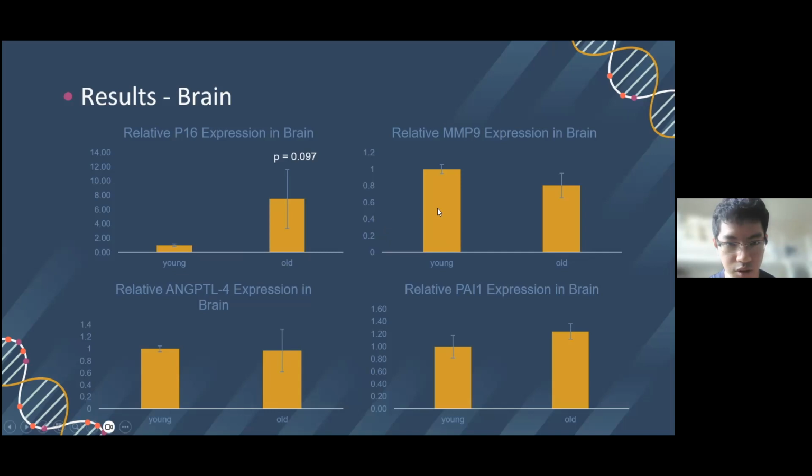For the other genes of interest, P16, like in the liver samples, also showed a strong trend increasing in older mice as opposed to younger mice. And the other genes of interest didn't show any signs of upregulation or downregulation.